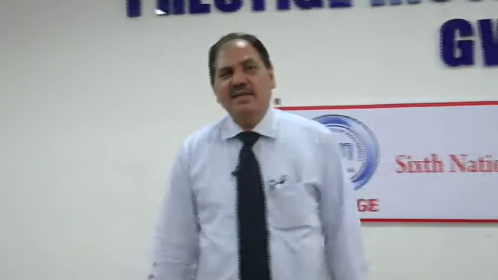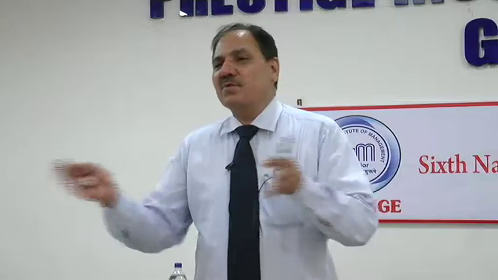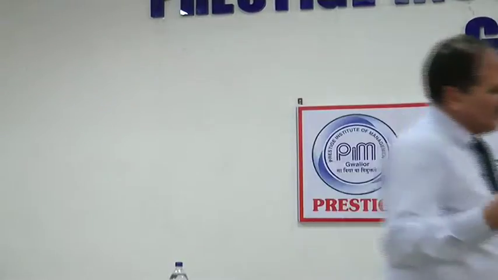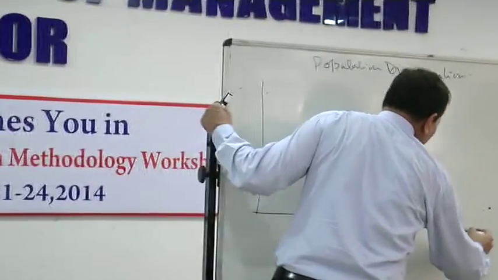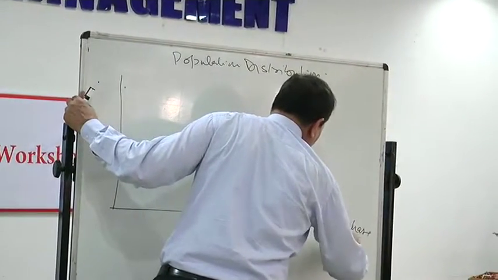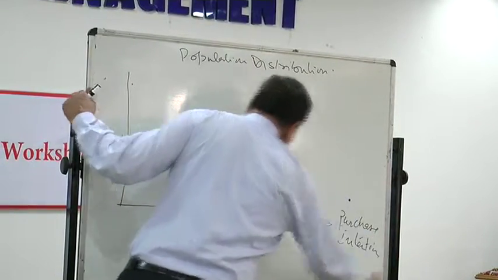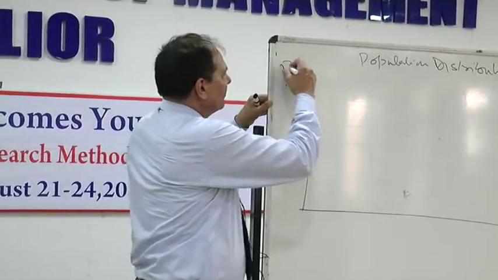What is the probability that an individual from the population, or how much is the probability that people would purchase? Say this is the purchase intention, and this is the probability.